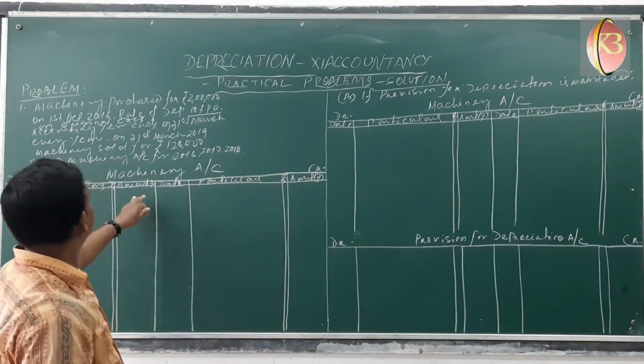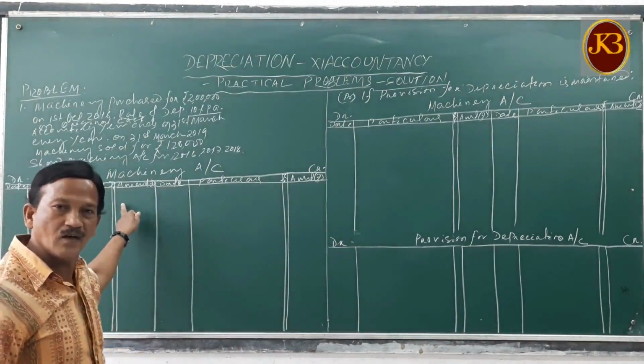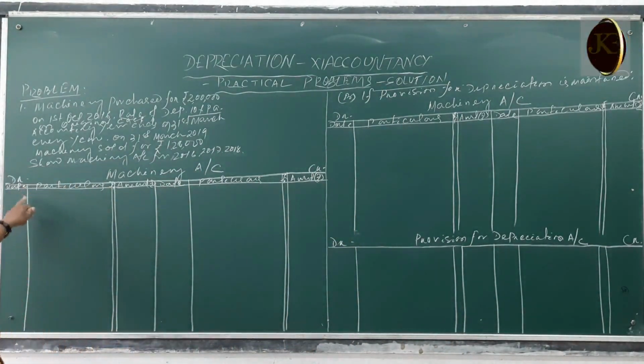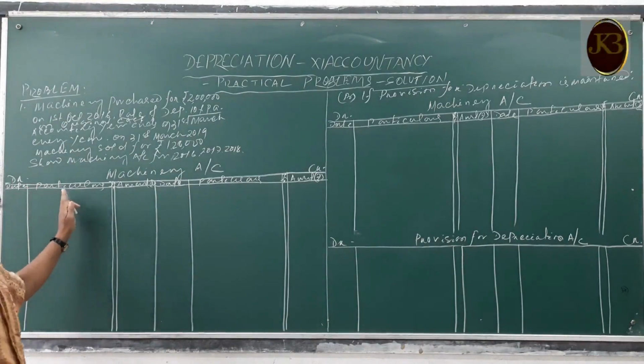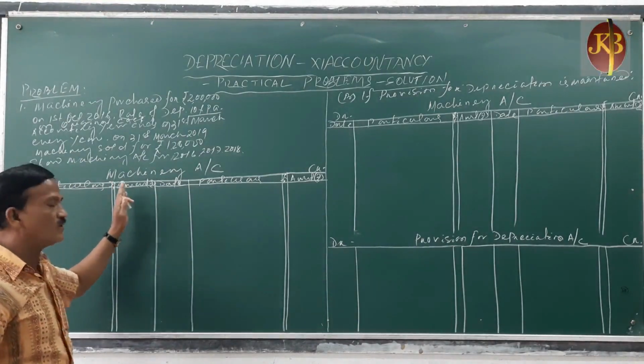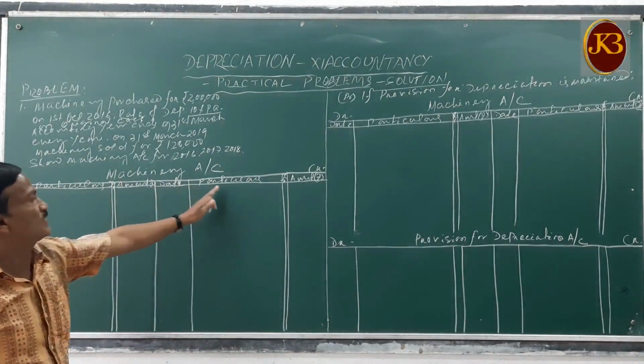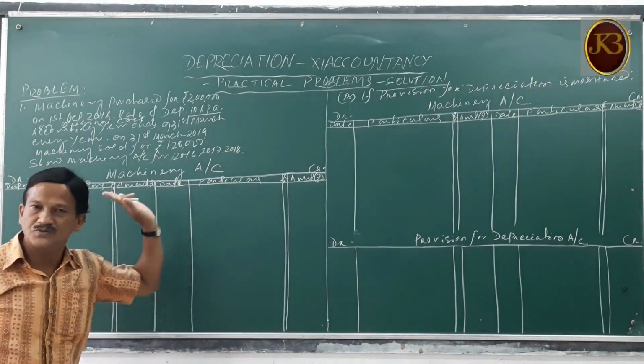See how we do it. You have to prepare the machinery account, which is a ledger account, with a debit side and a credit side. Each side has date, particulars, journal folio, and amount.